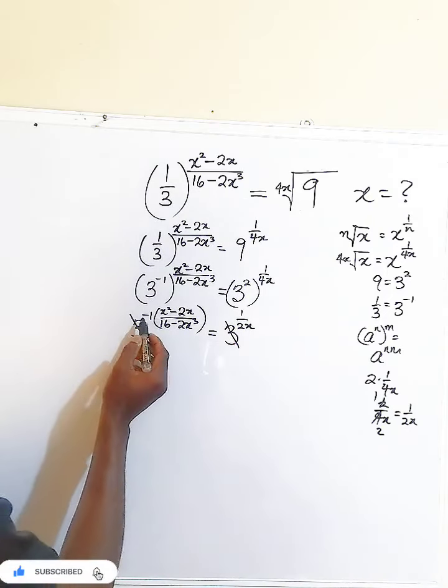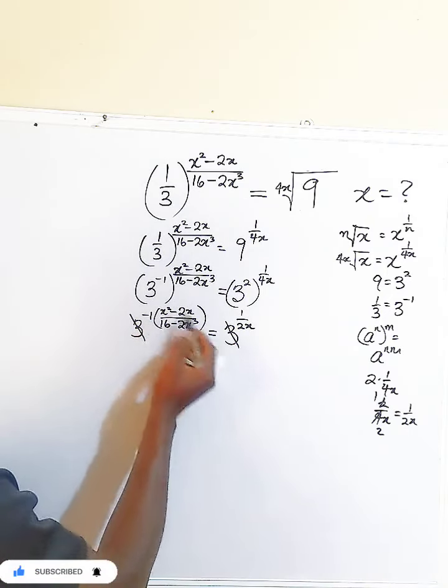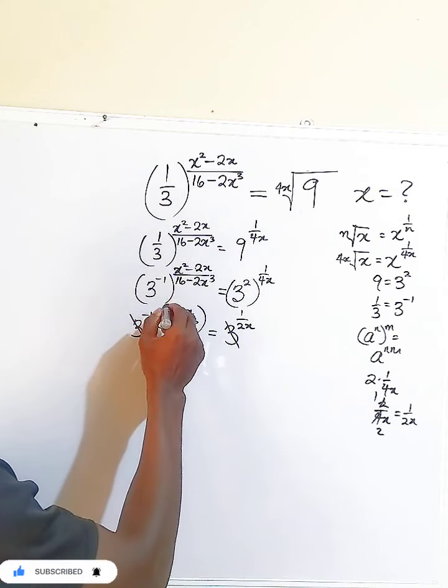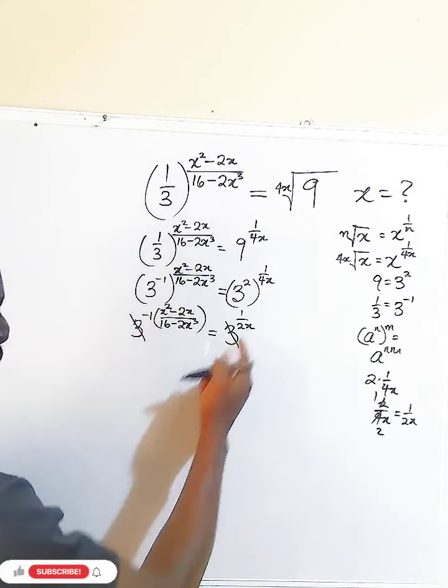Now that we have the two bases aligning, we can eliminate them. So we are left with negative 1 times the whole of this fraction, with 1 over 2x at the right hand side. Now let's open the bracket here.